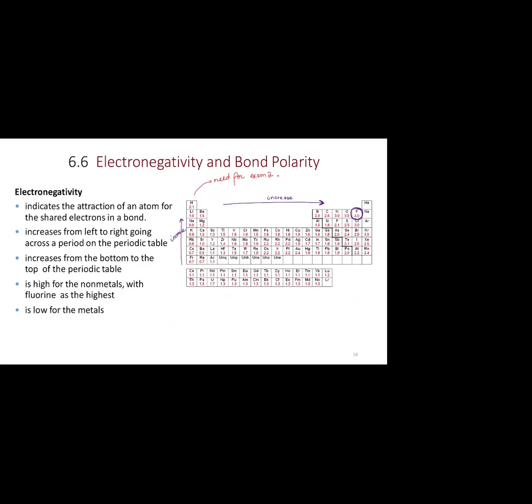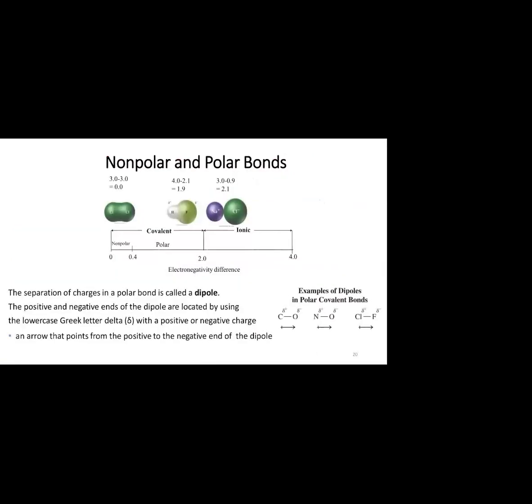Now, how are we going to utilize this concept of electronegativity when we're dealing specifically with bonds? We have seen so far that there are different types of bonds depending on the molecule. We have covalent bonds and ionic bonds, and those are the general families.